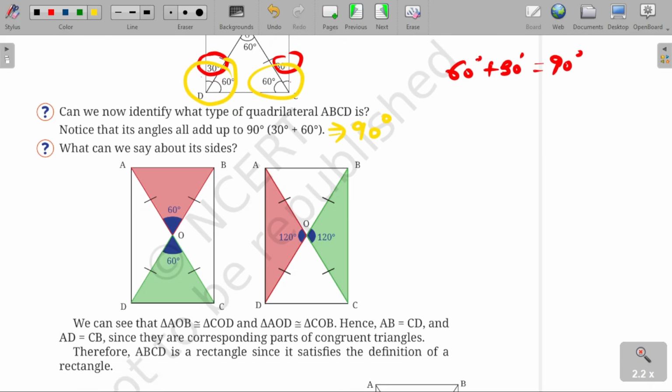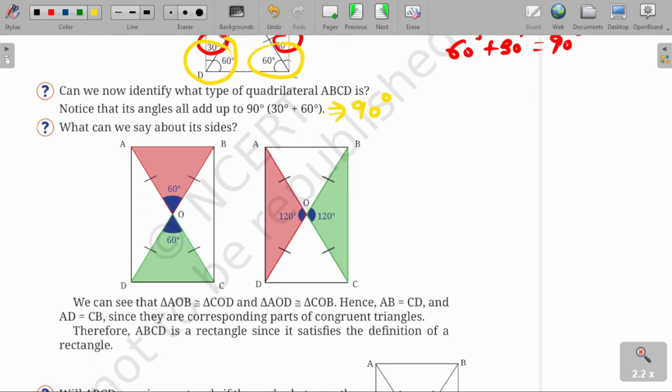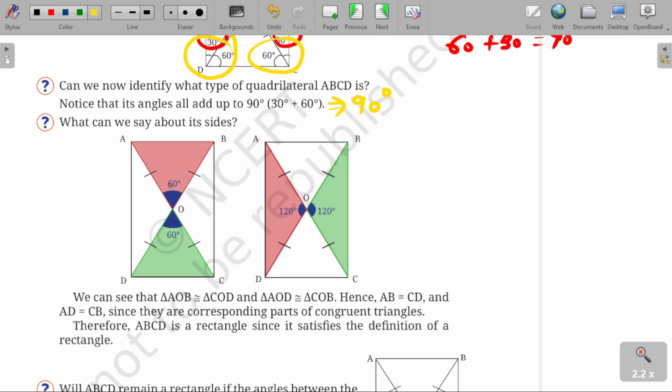What can we say about its sides? See, we are doing it now. We have just proved that triangle AOB is congruent to triangle COD, and triangle AOD is congruent to triangle BOC.